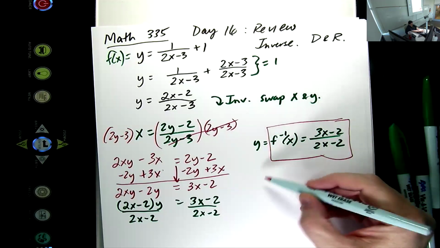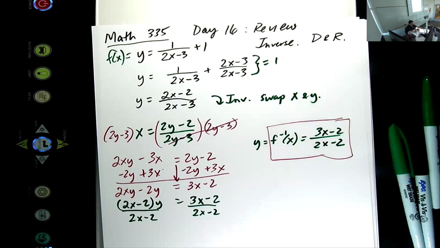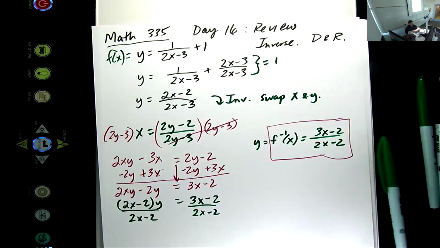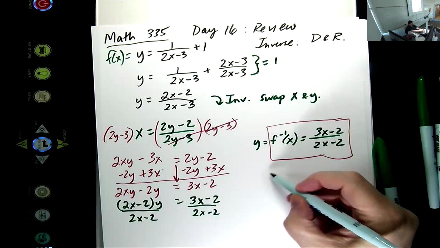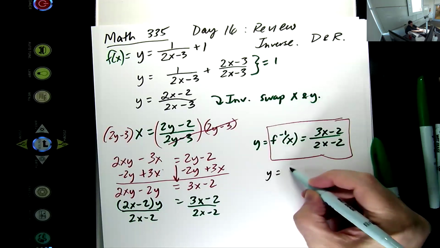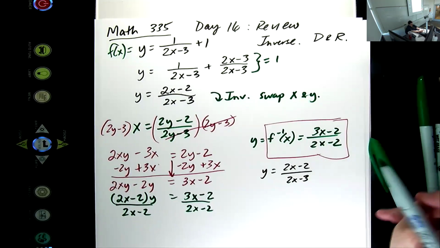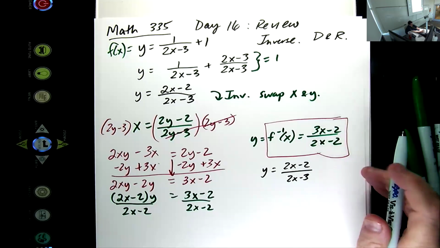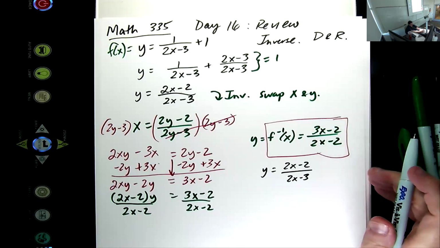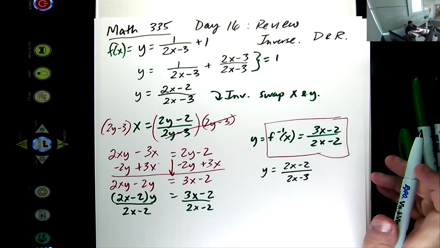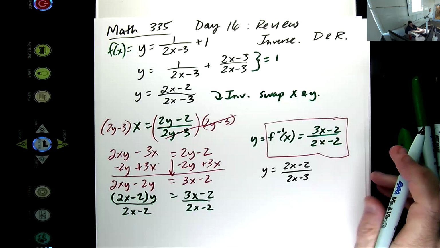So I'm gonna go back to y equals 2x minus 2 over 2x minus 3. Let's look at the domain of this one. Isn't it 3/2x greater than 3?